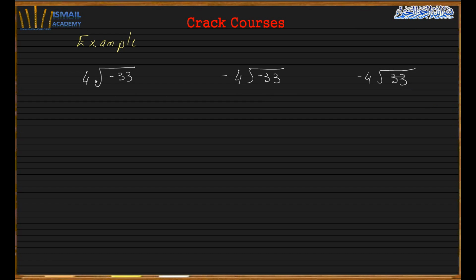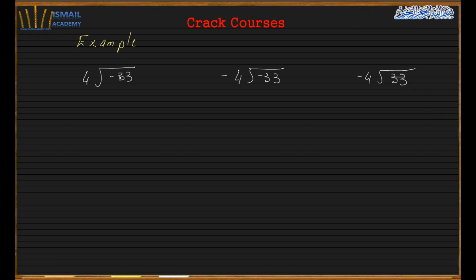Like I said here, the divisor must be positive. So here the divisor is positive. In order for me to divide minus 33 by 4, what I need to do is look for a number that gives me something close to minus 33 or equal to minus 33.